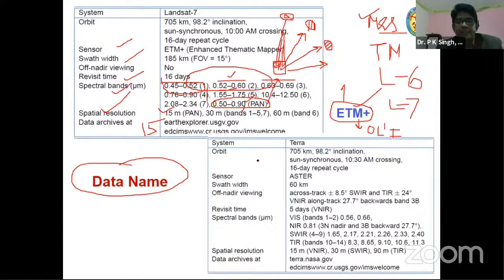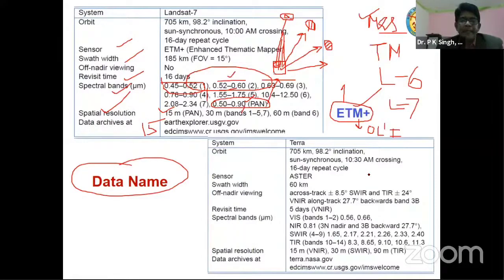Then other is, see, Aster data. There are 14 bands. One thing I would like to say, in Aster data, its first three bands have the best spatial resolution among any freely available data. It has 15 meter.